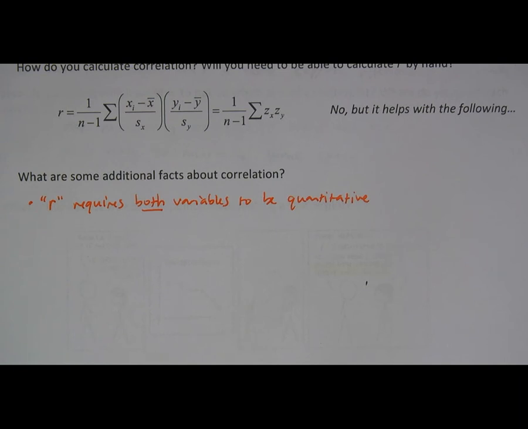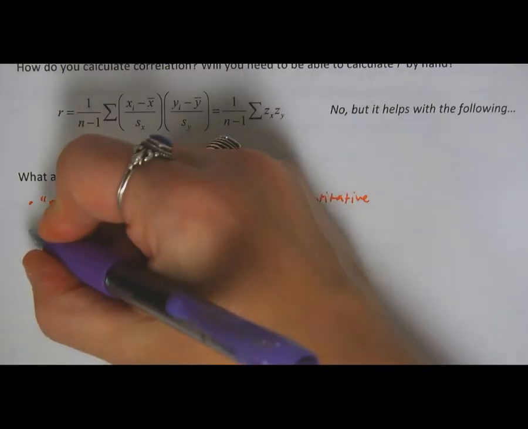It was from a previous AP exam, and it had a multiple choice question about R, and it said, which of these answer choices would show a correlation of, I don't know, 0.99? There was something about a football player's height and their favorite subject in school. Well, one of those is categorical and one of those is quantitative, so that answer choice was out, because you can't have an R value unless both variables are numerical. Okay, so just know that.